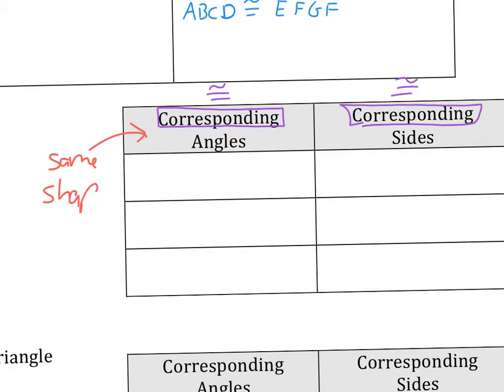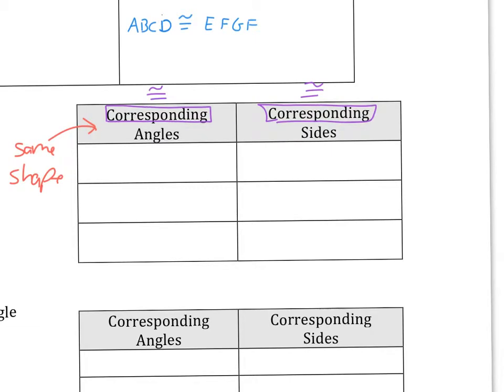It's the angles that determine shapeness. So what do you think the sides determine? Same what? So here, same shape, same size. It's the congruent sides that determine size, and it's the congruent angles that determine the shape.